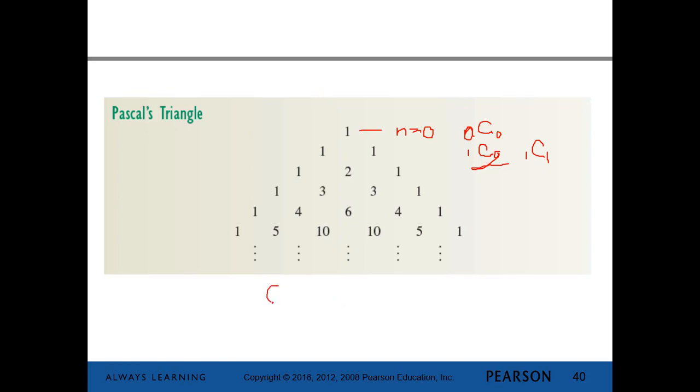You may have seen this when you took college algebra, either in high school or in college, when you had to expand out a polynomial, let's say x plus y to the n.